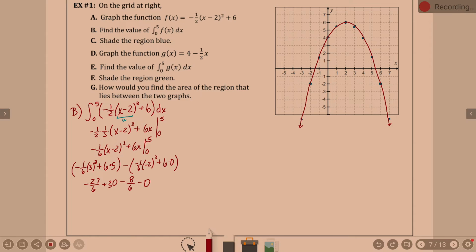If this is truly a non-calculator problem and you have to finish this without a calculator, what do we need to do with 30? Actually, 8/6 and 27/6 could both reduce, couldn't they? Well, oh, you combine them? Should 8/6 be negative? Yeah.